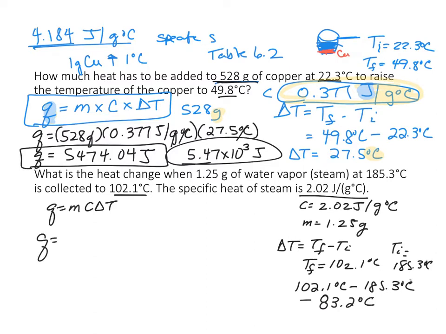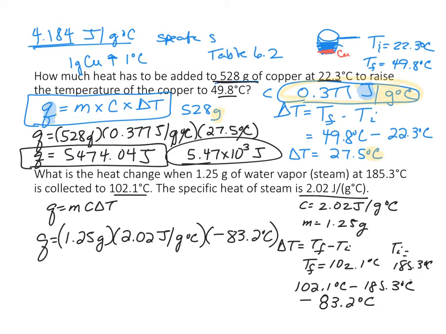Q equals 1.25 grams times 2.02 joules per gram degree Celsius times a negative 83.2 degrees Celsius. Just checking my math again.